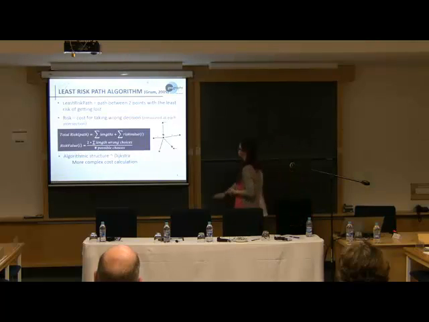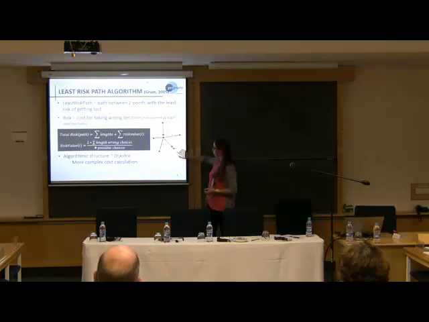So here's an example. If you come from i minus 1, you go into this intersection i, and you want to go to i plus 1, the total risk of the path is the sum of all the path lengths, the green arrows, plus the sum of the risk values at each intersection. And the risk value at this intersection is calculated as the sum of the lengths of the wrong choices, being A, B, and C, times 2, because the algorithm assumes that if you're at an intersection and you take a wrong edge, you will notice at the next intersection that you went wrong and you go back.